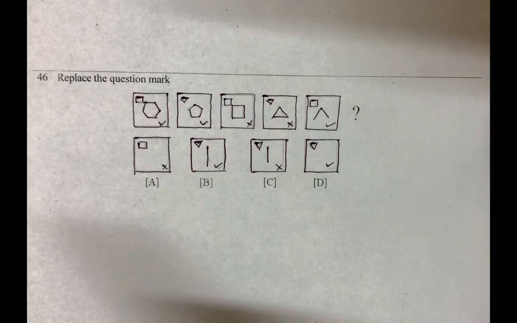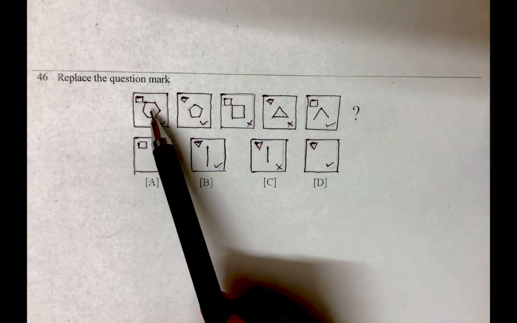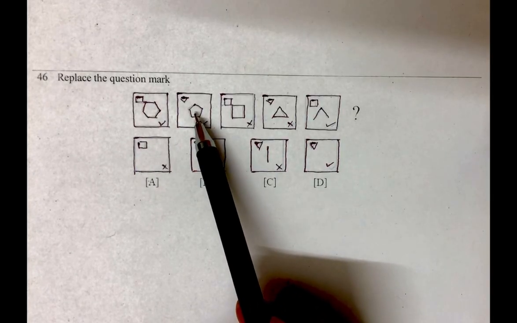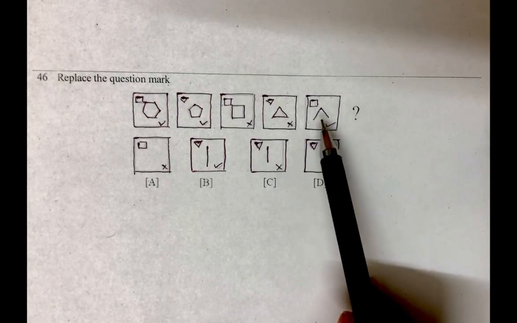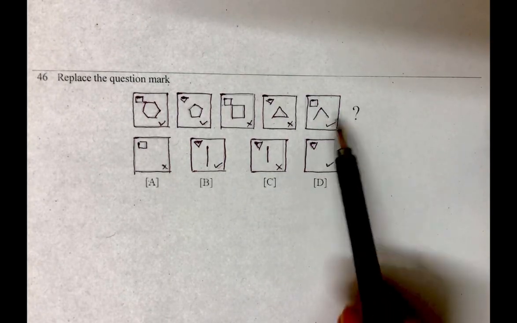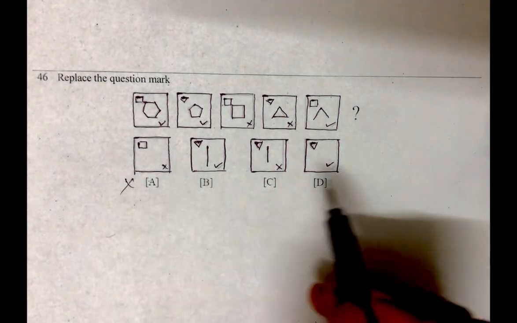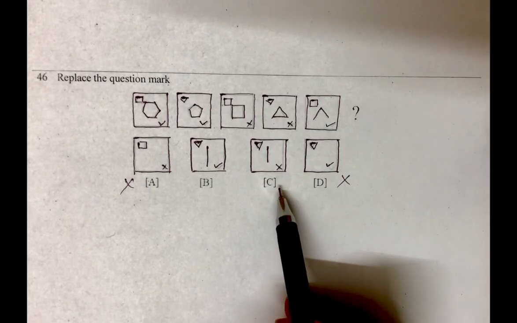Now look at the pattern. In this figure, first of all, this is a hexagon with 6 sides. Then one side is decreased, it becomes pentagon. Then one side decreases, it becomes quadrilateral. Then 3 sides, then 2 sides. Then it must be a line. So option A and D could not be our answer. It must be from option B and C.